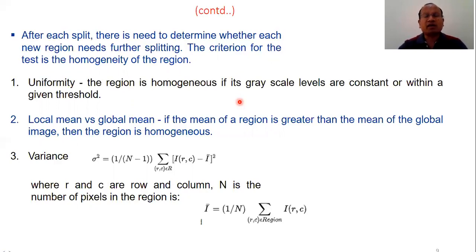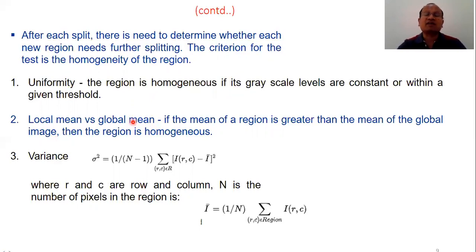The 2 regions may have exactly the same values, or there may be some threshold that will be evaluated. For example, we can choose a threshold value and check whether the grayscale values are falling below or above that threshold. When we find that the grayscale values are below the threshold, we form one region, and all those having higher values than the threshold constitute another region. This is about uniformity and thresholding.